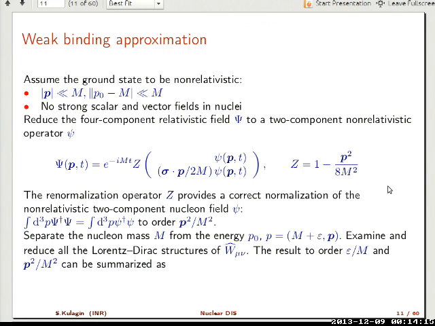This gives me the renormalization operator like that. By the way, this equation holds to the order p squared over m squared, including these terms, if we apply this normalization operator, which is an essential point, since the corrections I'm going to talk about are of this order.